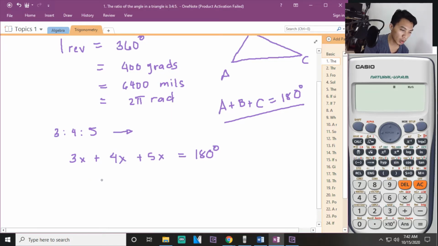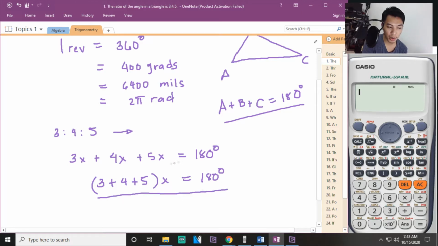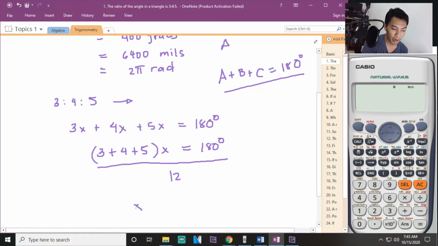So, that is x times 3 plus 4 plus 5 equal to 180 degrees. Now, in order to find x, again, we will divide it all by 0. No, joke lang. Hindi tayo DepEd. So, that is 3 plus 4, 7 plus 5, that is 12. Divide both sides by 12 and we'll arrive with x.